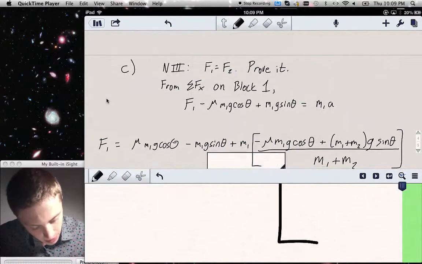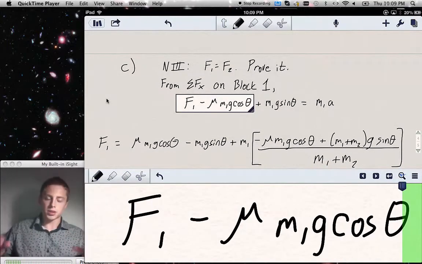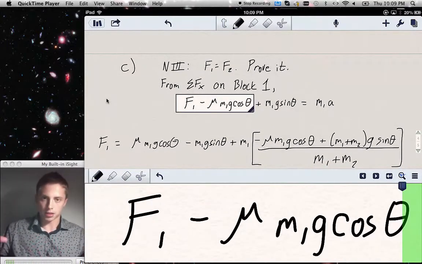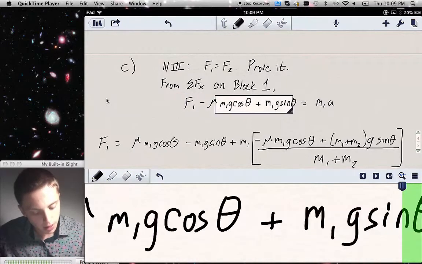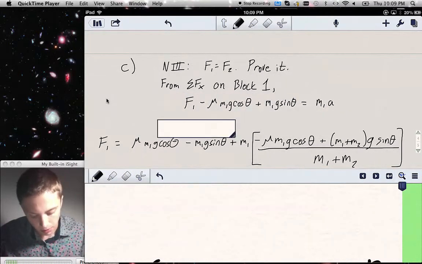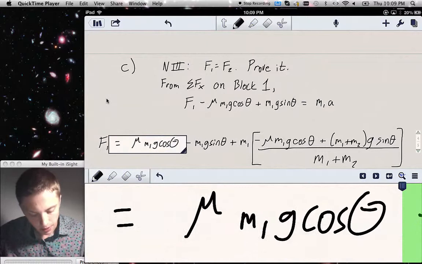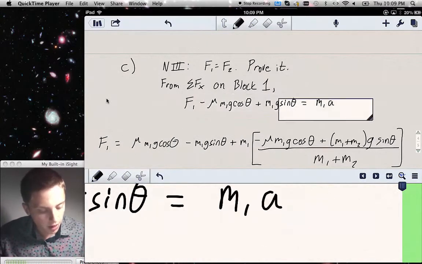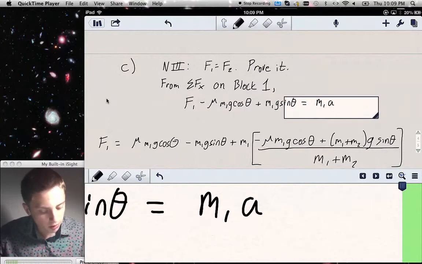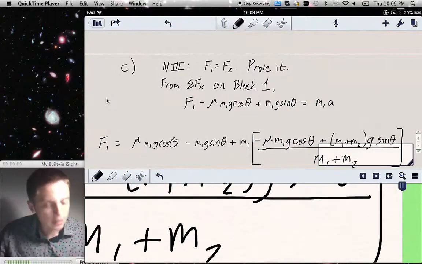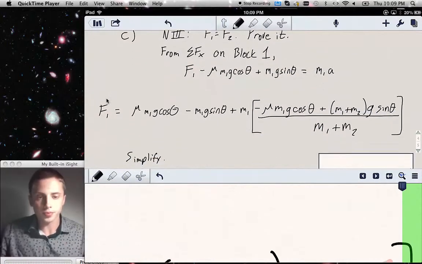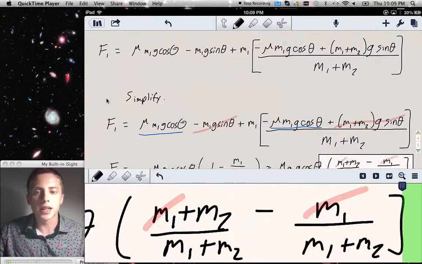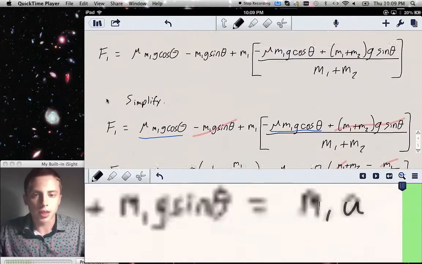All right, so from the sum of the forces in the x direction on mass 1, we have this expression here which we can solve for F1. I'll do that by adding these two terms to both sides. And for A, I'll plug in my result from B. So this whole thing in brackets here is my result from B. And now we'll go ahead and simplify this expression up here.